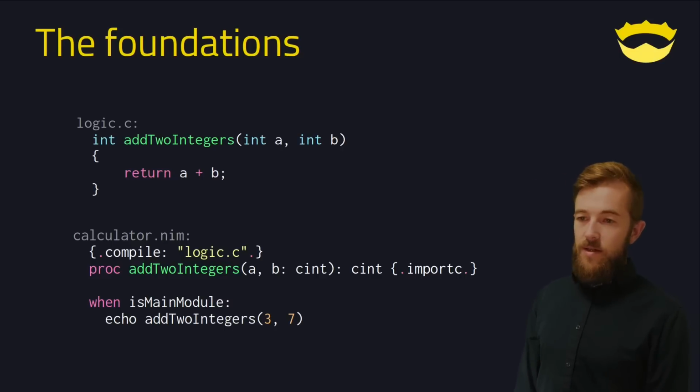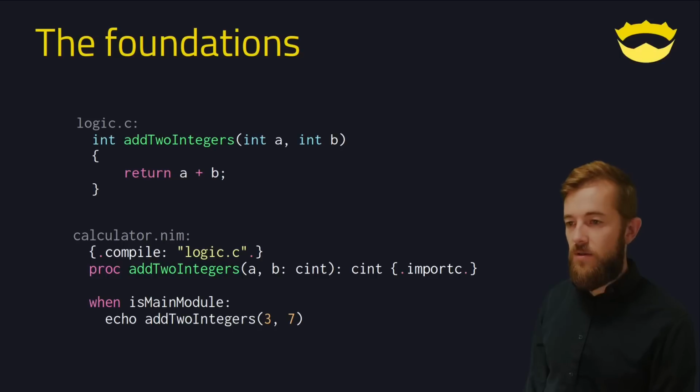But as you can see, if we have a big library with a lot of functions, this can get tedious pretty fast. It's a very manual process writing these statements, and it's not feasible to do for large projects.